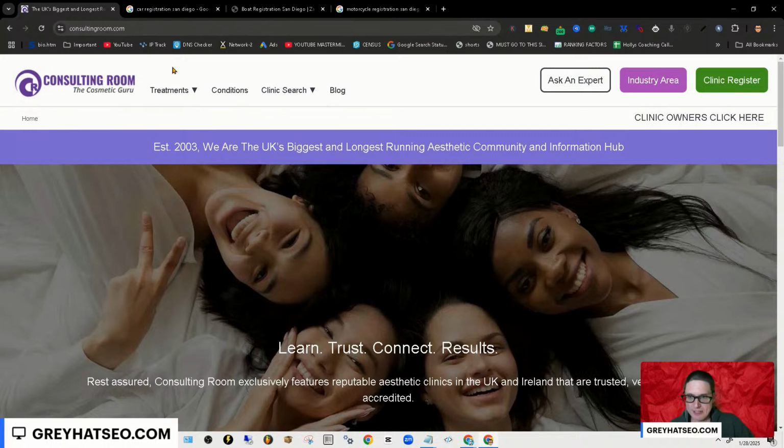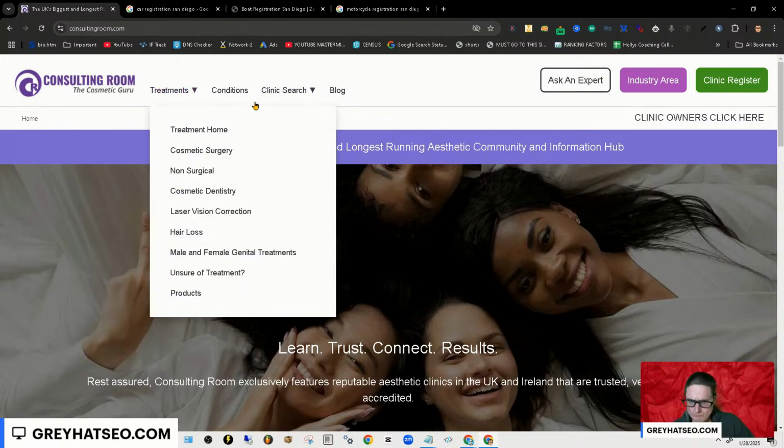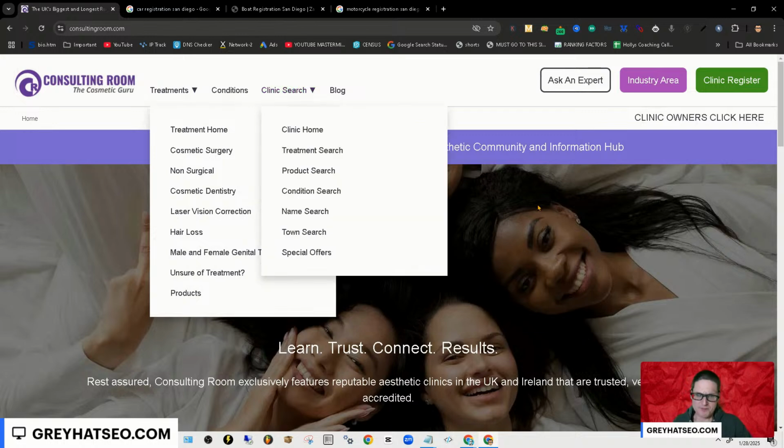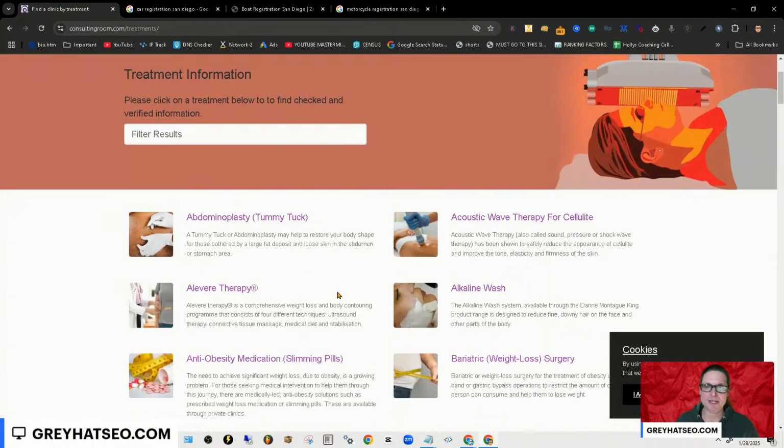So when we start taking a look here, let me just see. All right. This is more of a lead generation asset. We got a lot going on here, but I just want to point out the structure so you know what the differences are. All right. So what we're going to do is we're going to take a look at the treatments. All right. So we come into treatment and you can see that treatment is the top level. Now, the reason for this is because this is a lead generation asset.